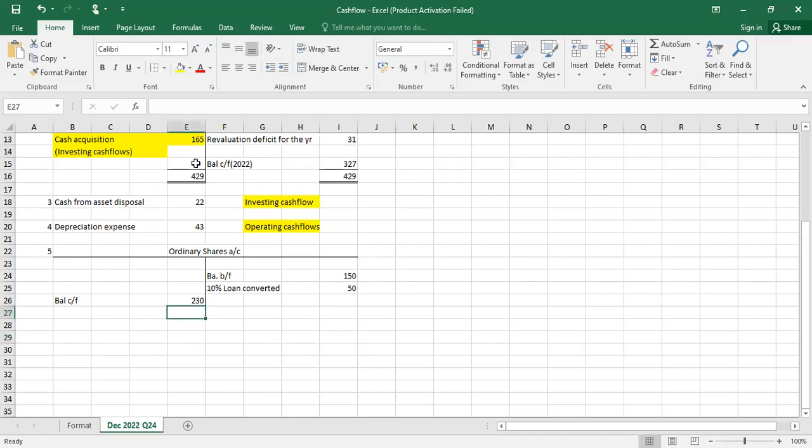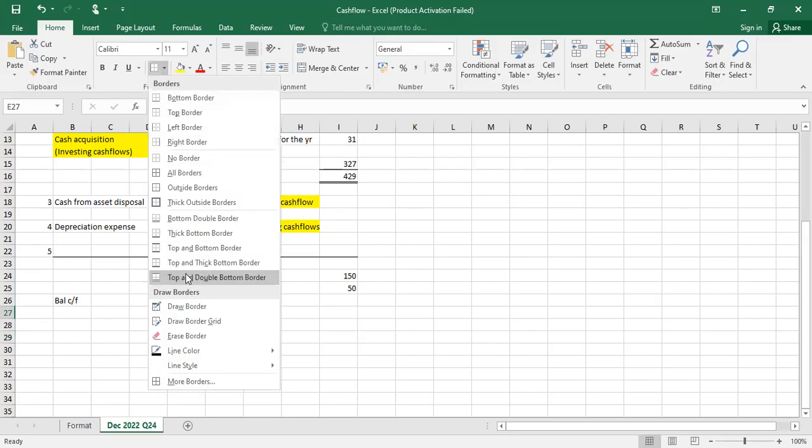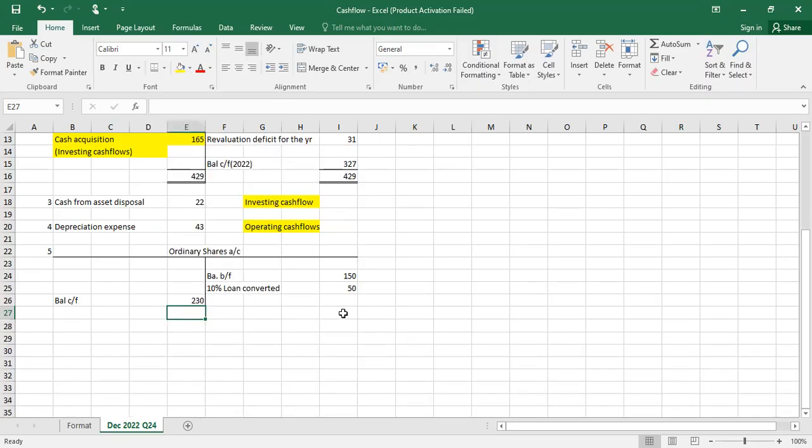We have not been told of anything else about this share capital account, and so we can balance it off. So checking on the two sides, the debit side is more at 230, and so the credit will also have 230.